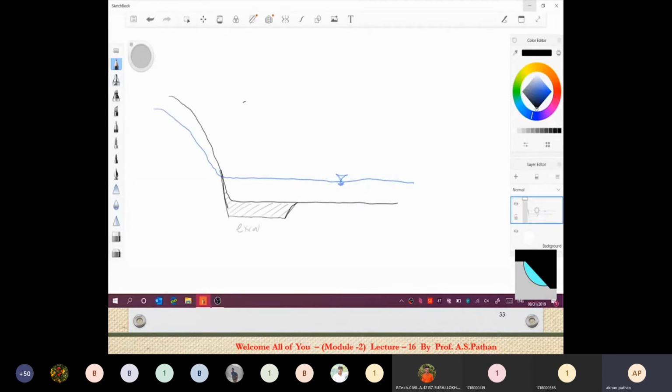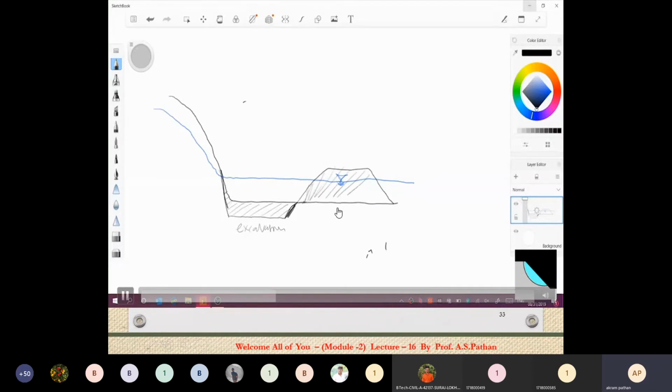In this diagram, if you see here, this is the water level. If you want to excavate this area, now the retaining structure is constructed on the bank of the river. If you want to construct on the bank of the river, then what we have to do is put a certain kind of sandbags, if possible, to divert the water.